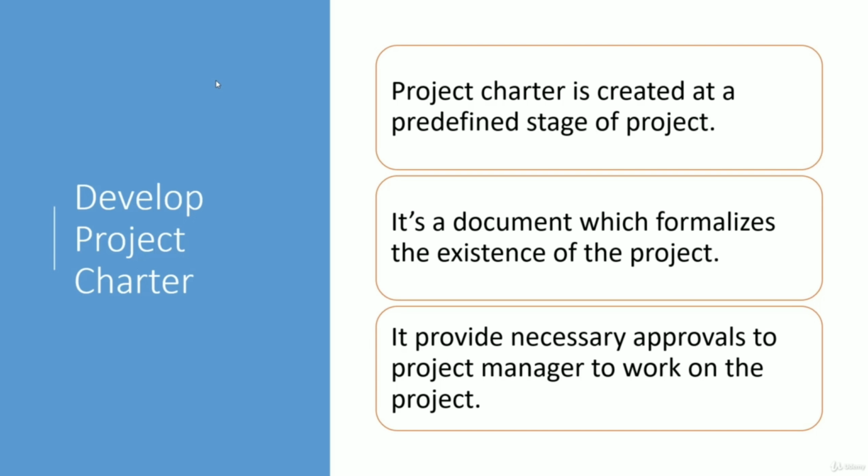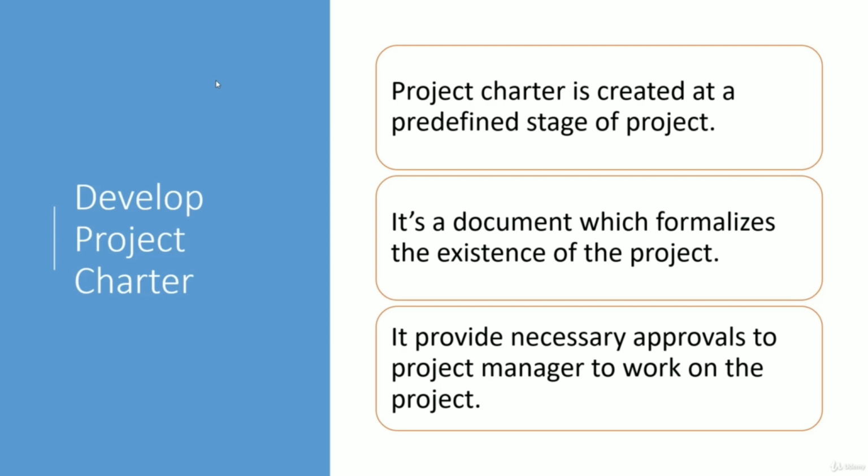So coming back to this activity, this is basically about how we develop it, who develops it, and why it is needed. So the project charter is created at a predefined stage of a project. Basically it happens at the start of a project. Without a project charter, a project manager cannot initiate a project.